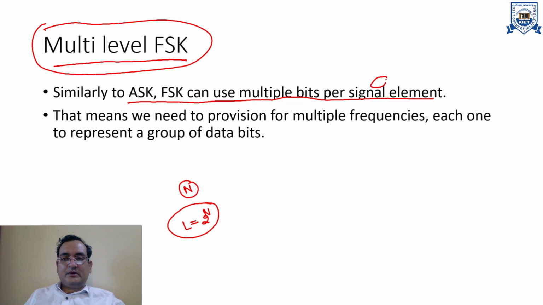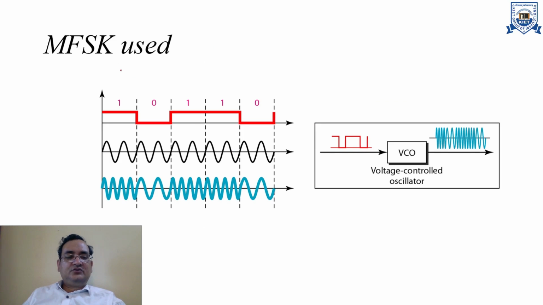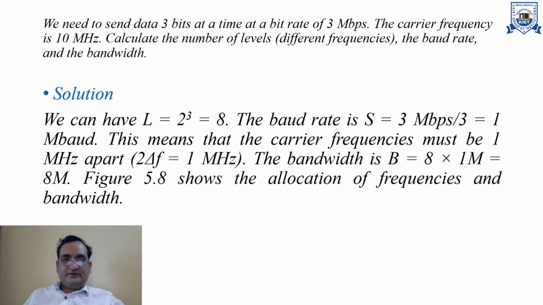That's why I'm talking about the symbol, right? That means we need to provision multiple frequencies, each one representing a group of data bits. So this is MFSK. I will describe it in the next section, and after MFSK, you will see that you have to use the voltage controlled oscillator for this purpose.